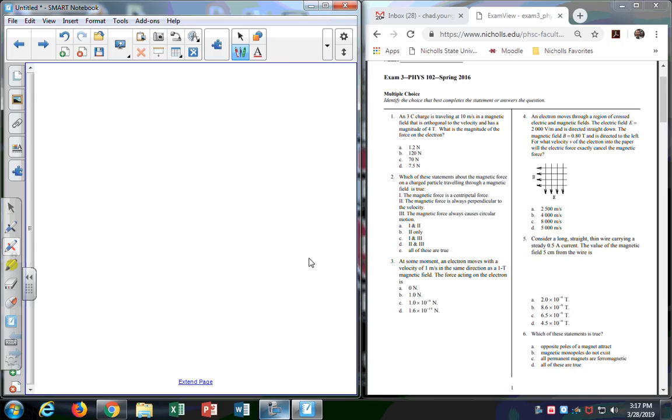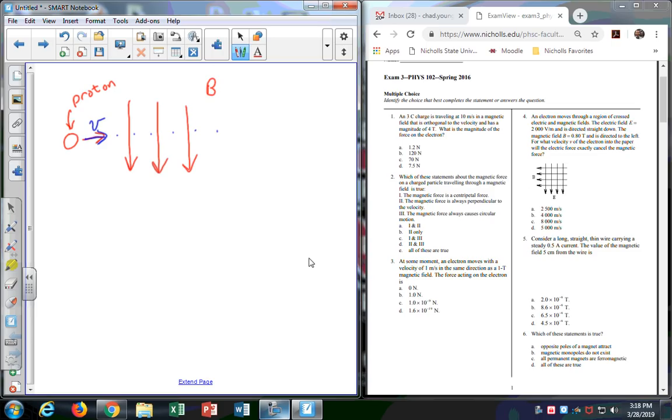Say I have a magnetic field that is in this direction, and I have a proton that is moving through the magnetic field in that direction. So that's the velocity vector. And I want the proton to go straight through that magnetic field.